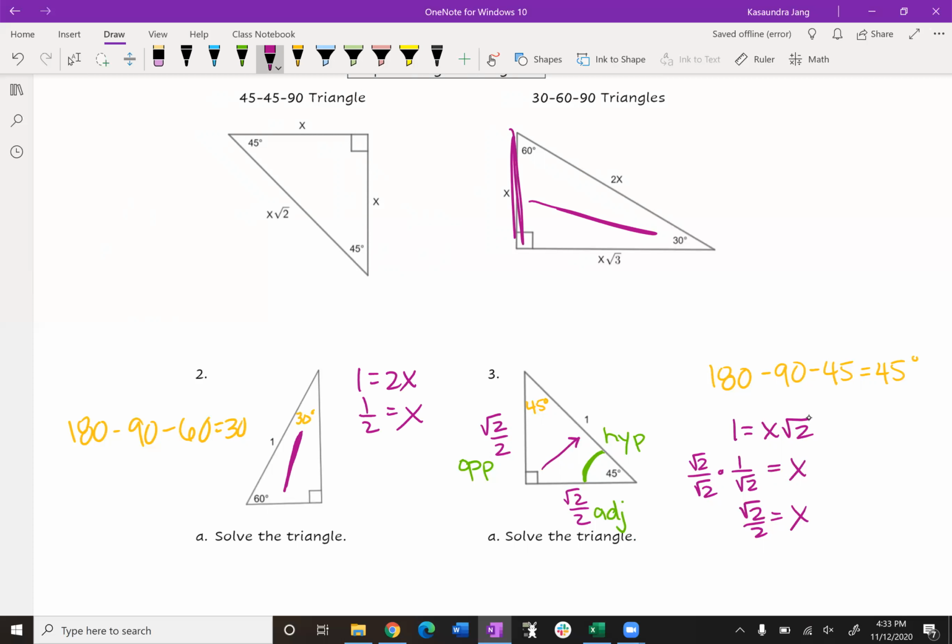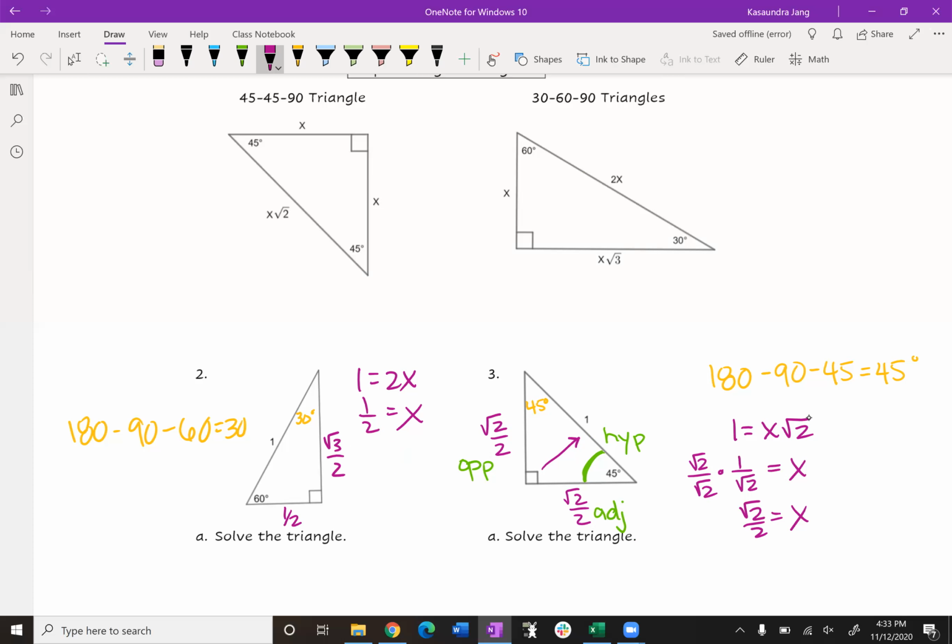So across from my 30 is, in our case, a 1/2. That's what our x is, a half. And then the only side I'm missing now is right here. It's across from the 60. And across from 60 is our x times root 3. So this is going to be a 1/2 times root 3, which really I can just say root 3 over 2. It's the same thing. So I'm going to put root 3 over 2.